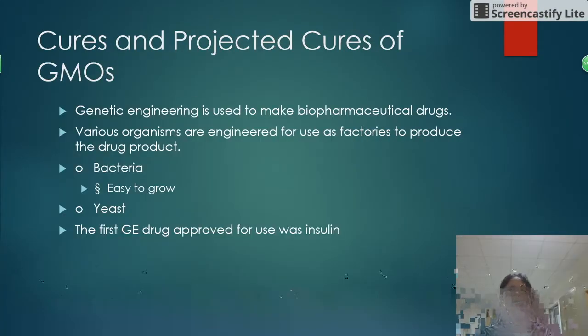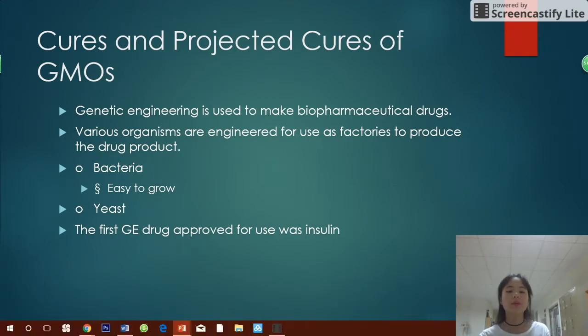Pros and cons of GMOs. In medicine, genetic engineering is used to make biopharmaceutical drugs. Various organisms are engineered for use as factories to produce the drug product.